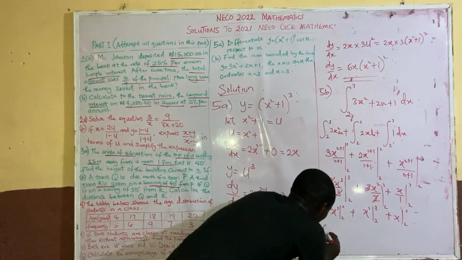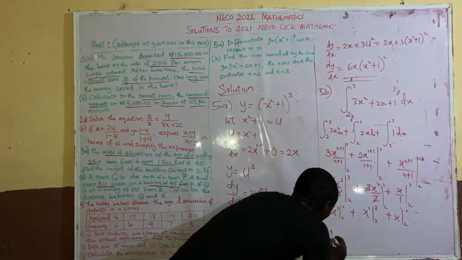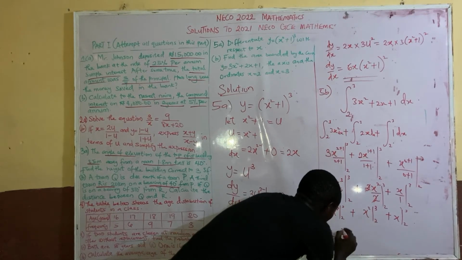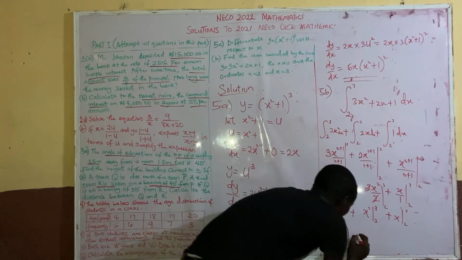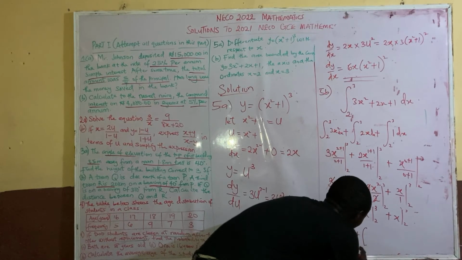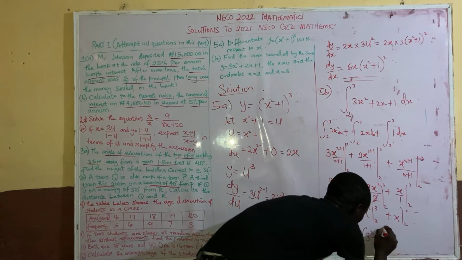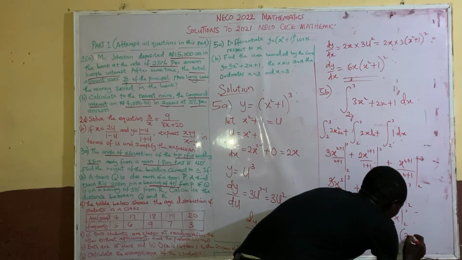You put this 3 here: 3 raised to power 3 minus 2 raised to power 3. That's for this first bracket here. Plus 3 raised to power 2 minus 2 raised to power 2, bracket close, open bracket 3 for x minus 2, bracket close.